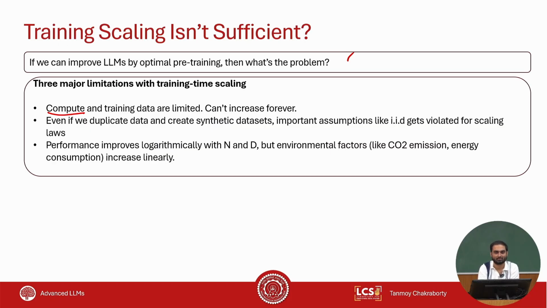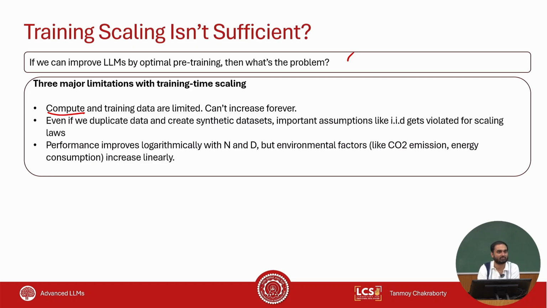Of course, you can think of going to people, collecting data, recording their voice, and so on. But for the dataset that we currently have on the web, you can only scrape that. That's it. And compute is also limited. You can't increase this forever.